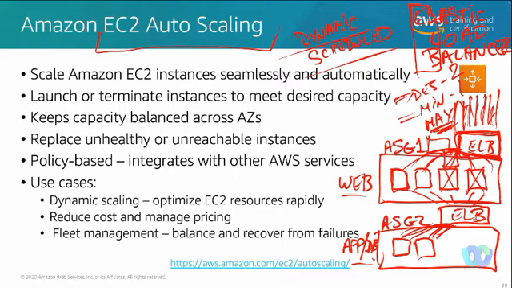A great thing about the ELB service is that it works really tightly with the auto scaling groups. So if the auto scaling group spins up a new machine, it'll automatically register it with the load balancer that will then start sending connections to it. And if it shuts down an instance because of a decrease in demand, it'll automatically deregister that machine from the load balancer.